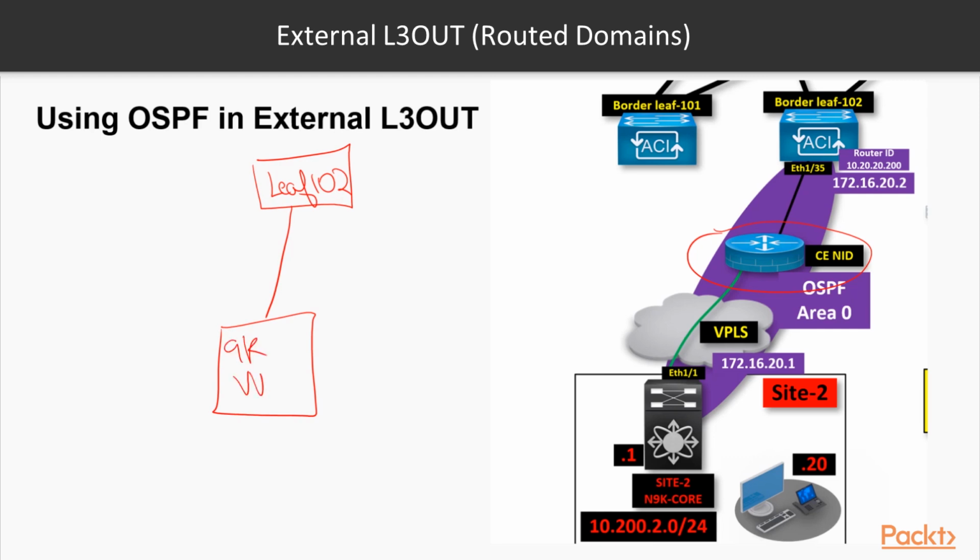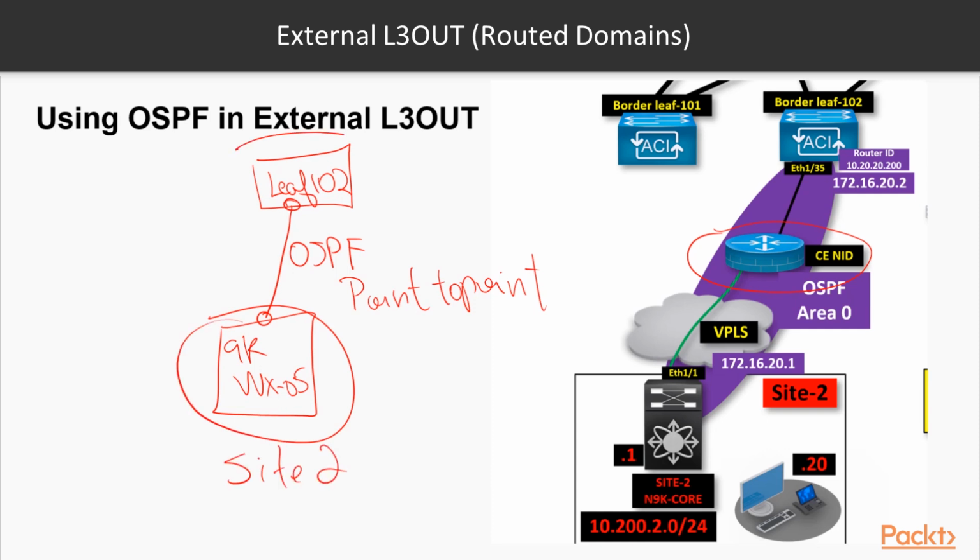So we're not running ACI in this site. So basically it's an NXOS 9K mode. And what we want to do is we want to bring OSPF and we want to build a point-to-point adjacency between those two networks. So this will be Site 2 and this will be my data center. So once we have that Site 2 established, then Site 2 can reach resources in ACI.